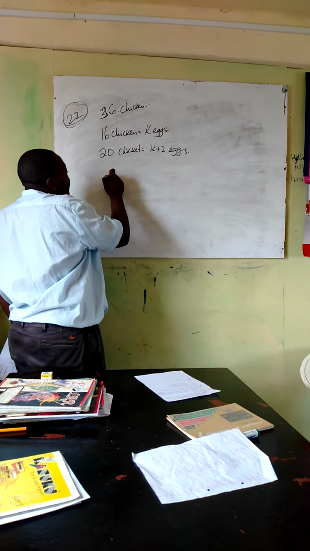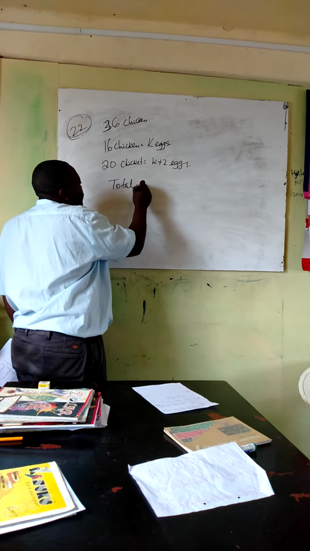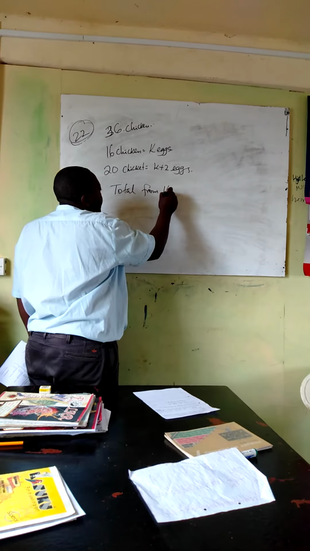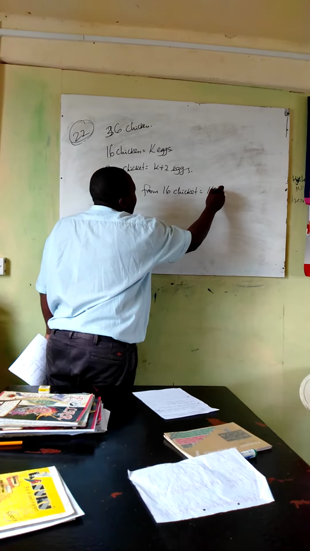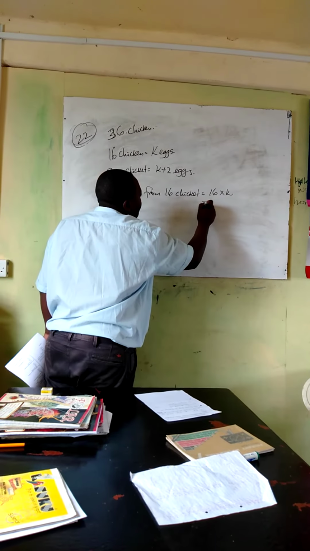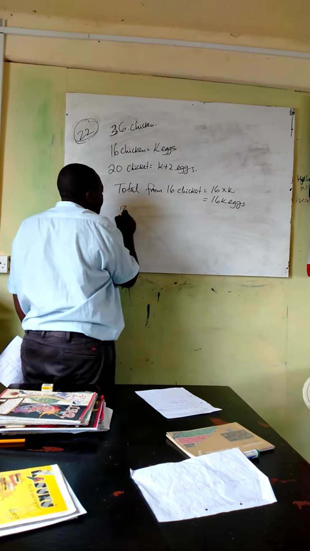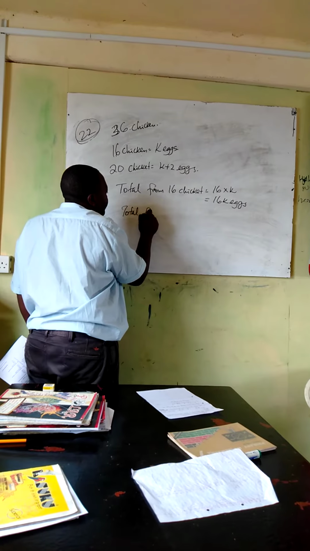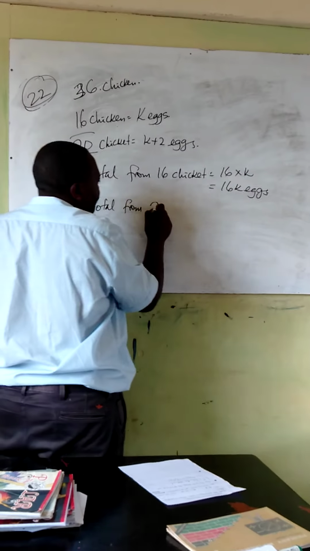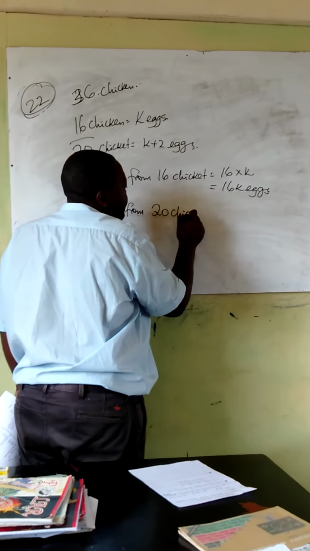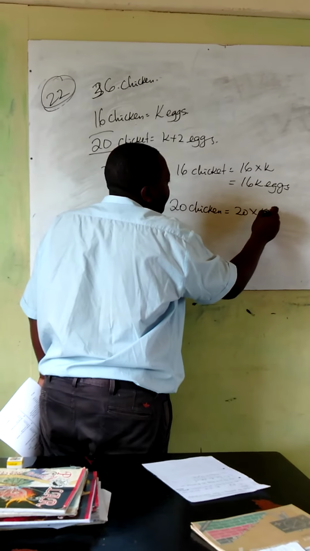So how many eggs are laid together? For the 16 chicken, the total will be given by 16 times K, which will be 16K eggs. And then the total from the remainder, and we have found that the remainder is 20 chicken, will be given by 20 times K plus 2.